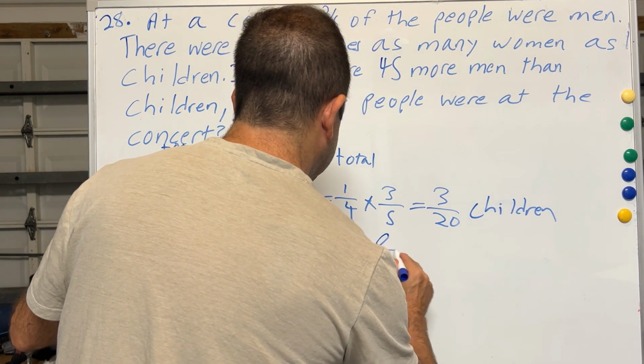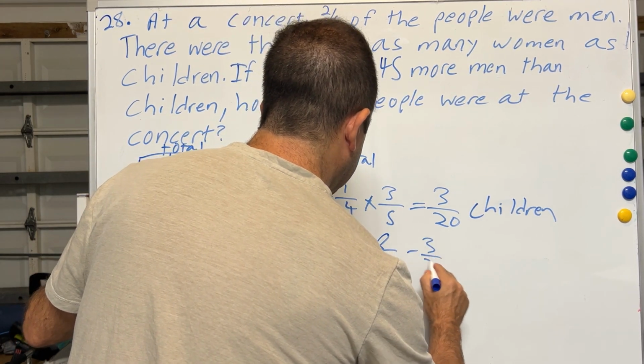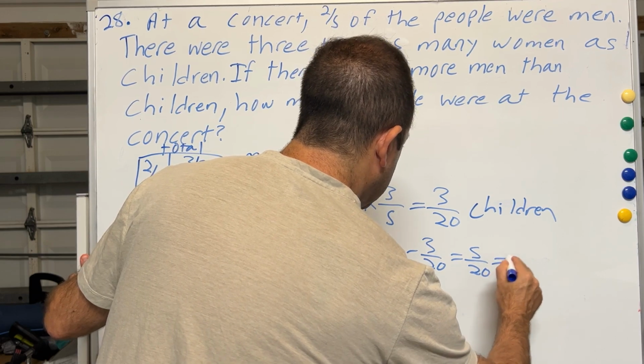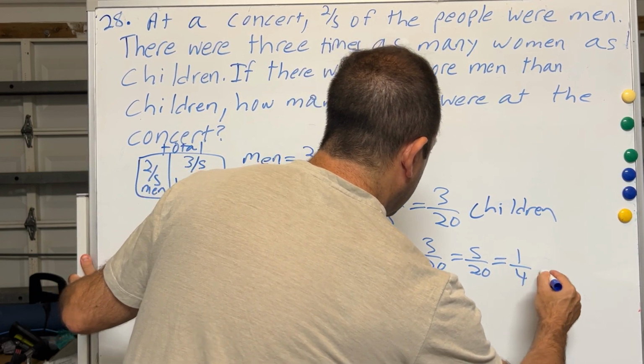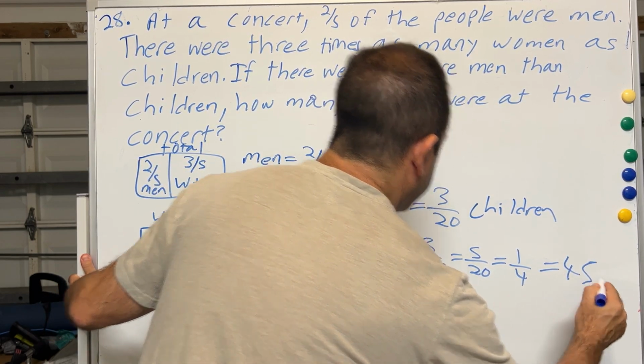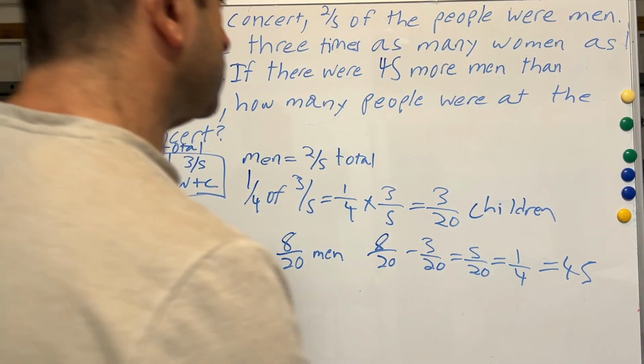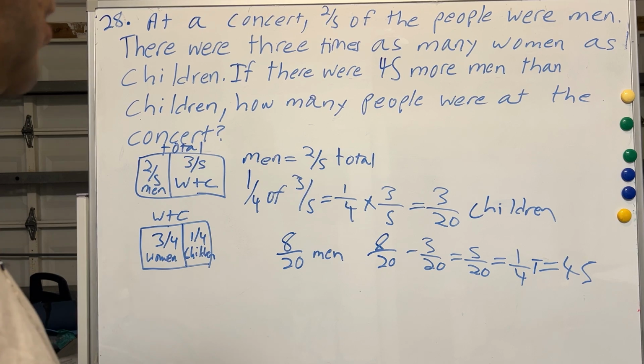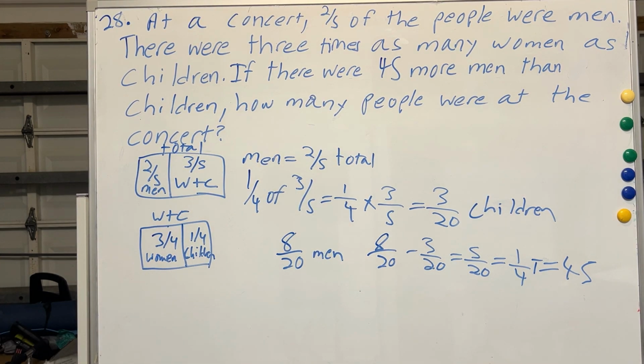So 8/20 minus 3/20 equals 5/20, which reduces to 1/4, which is 45. If 1/4 of the total is 45, the total is 4 times 45, which is 180, which gives us the same result.